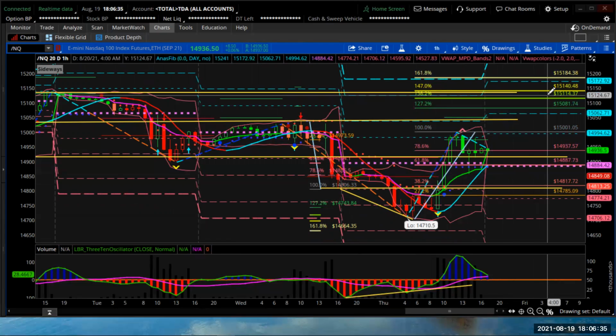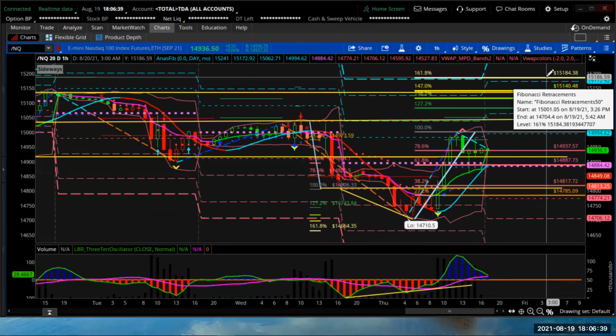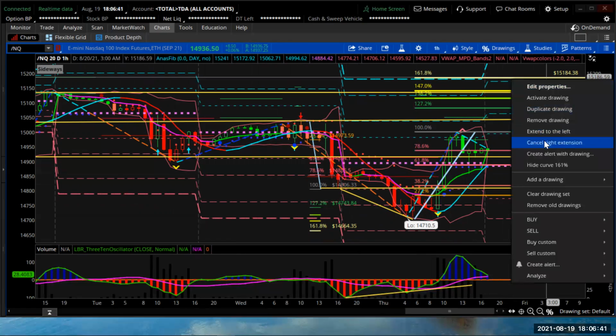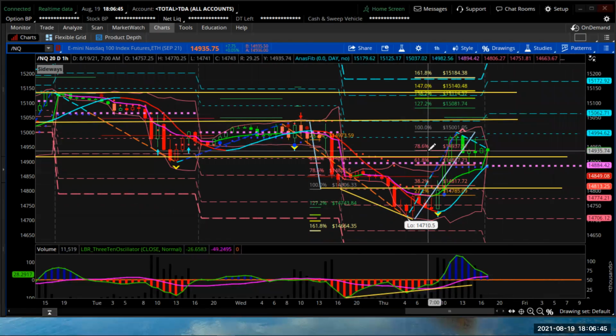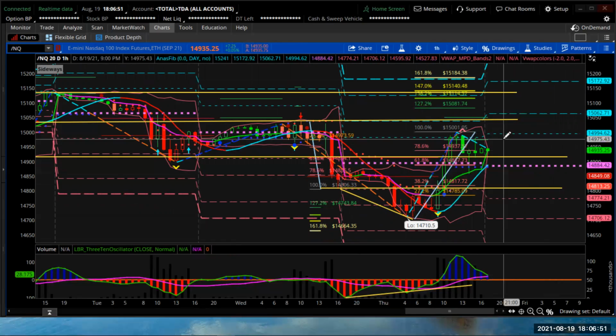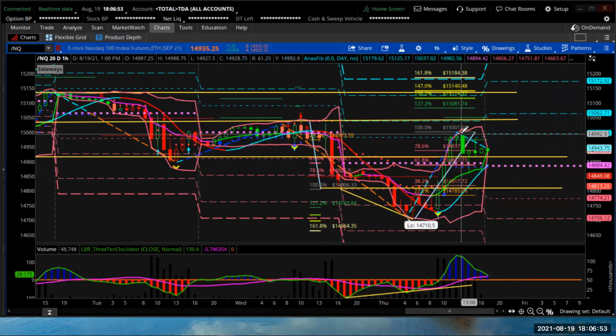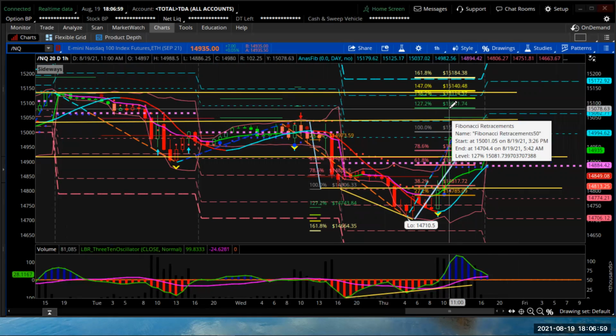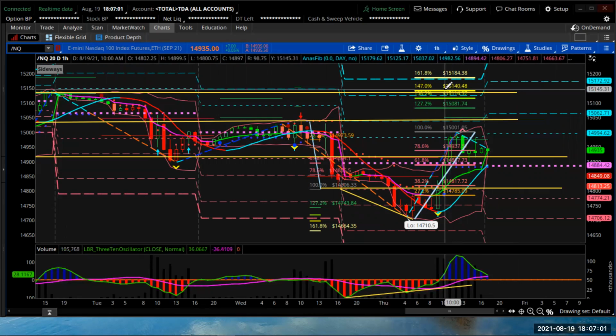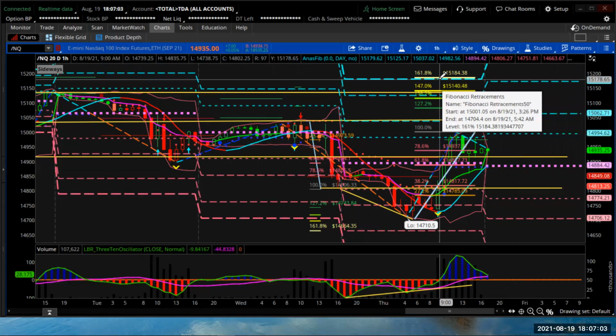Okay, so if they go below the 618, that's questionable on the NASDAQ. If not, if they go higher, then you just go look at your fib retracement and your R1, R2, the 1272, the 138, the 147, the 1618.